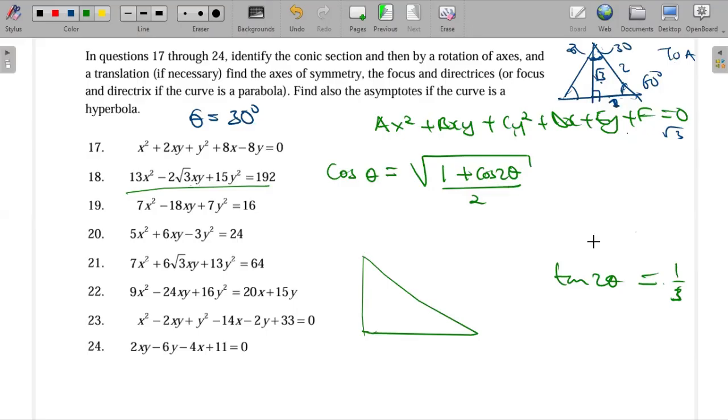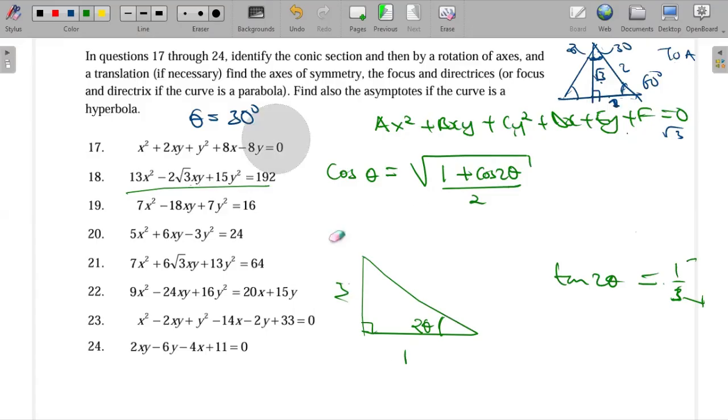So if you get something like this, you have your angle, say my angle here is 2 theta, and because this is tan, you know it's opposite over adjacent. So you can put your opposite there and the adjacent there. This then helps you find cos, because cos is adjacent over hypotenuse, so you just have to find the hypotenuse. With these two values, you can find it. Same when it comes to sine.